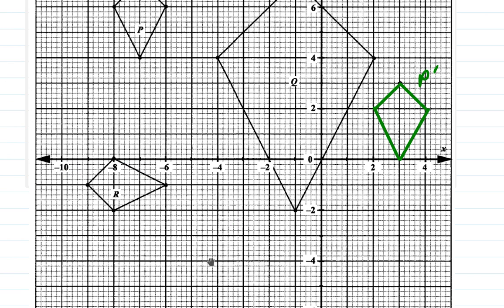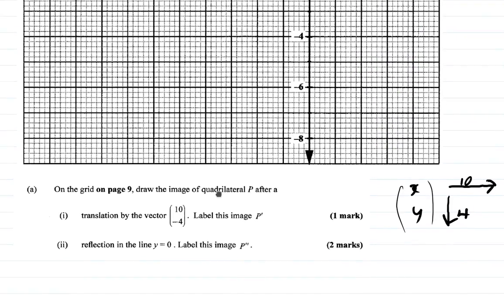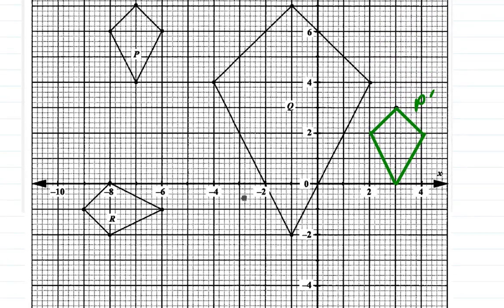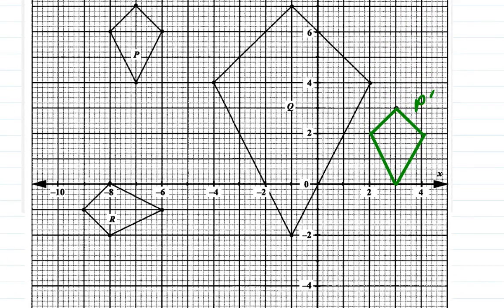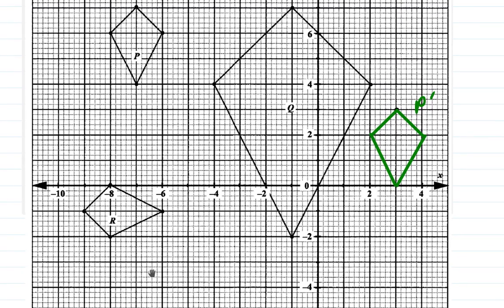So you're going to reflect P over the line y equals 0. When you reflect P, it's going to turn upside down since it's being reflected down here. Now, note all the points will be the same distance from this line.